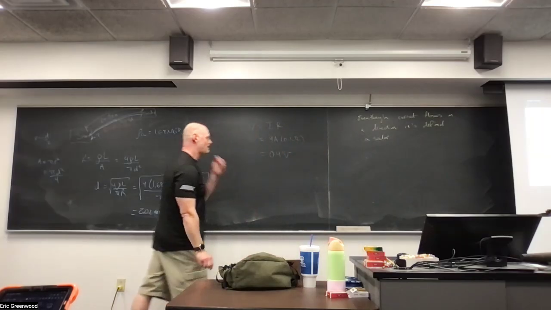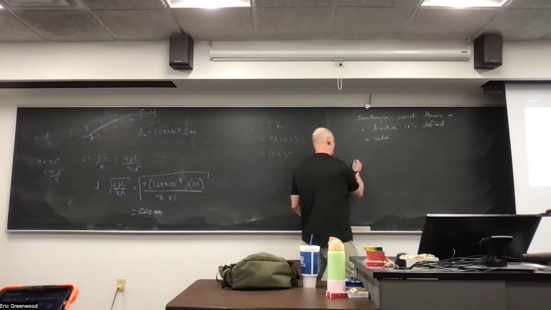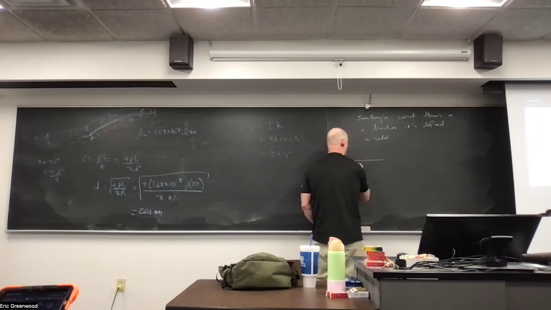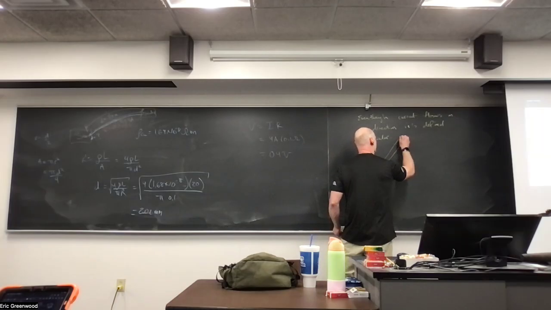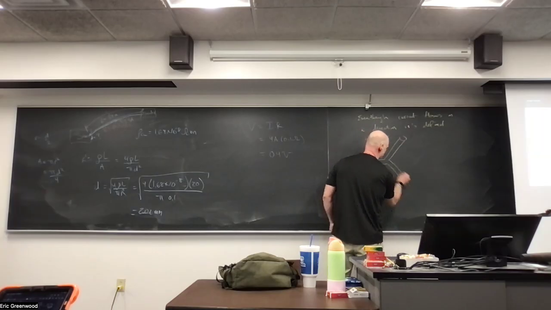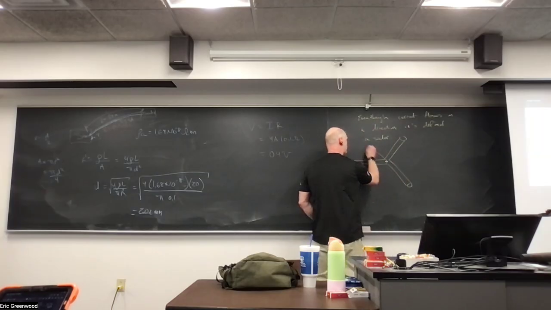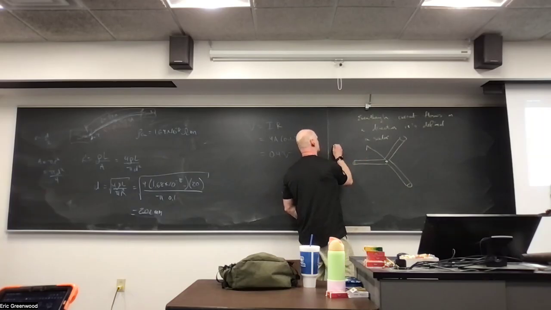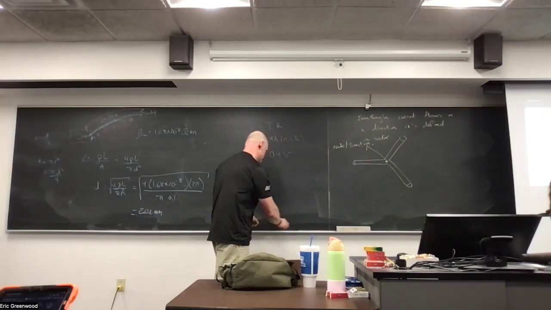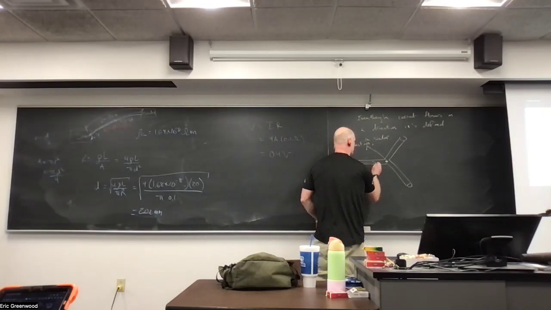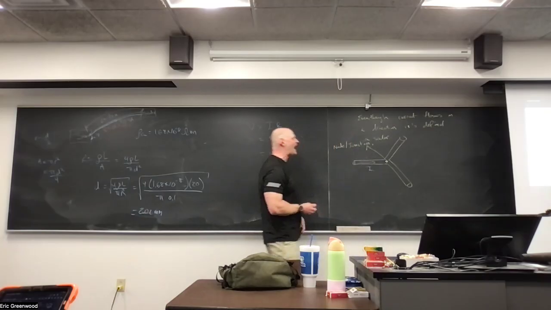Right. So what does that mean? That means, let's say I have a node, right? So I have one wire coming in, and then I'm going to have 2 wires leaving, which creates my node. So I have something like this. So this is my node, or my junction, as we're going to call it. So this is a node or junction, which means the current can separate, right? So let's say in this case, I have current flowing in this direction. Let me just call that I.